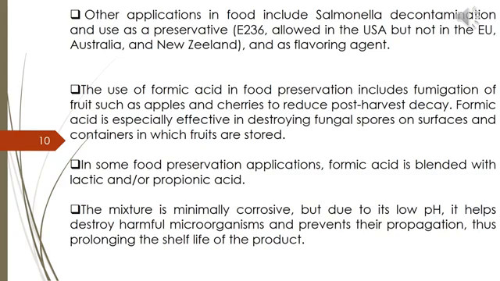If there are some fungal spores on the surfaces of the fruits or on the surfaces of the containers in which they are stored, formic acid will effectively destroy those fungal spores, and this will also be a way to help reduce their decay by any external agent.